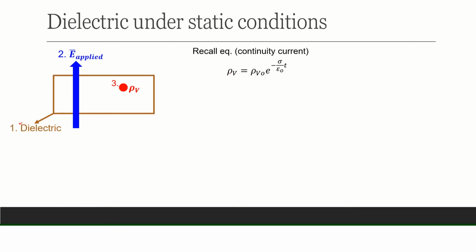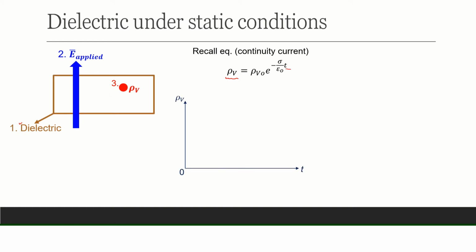Now let's try to plot a graph of rho v in terms of time. We want to see what will happen to these charged particles with respect to time.